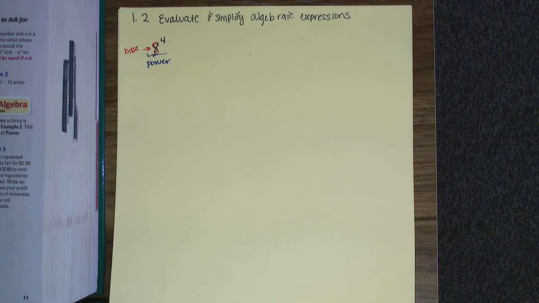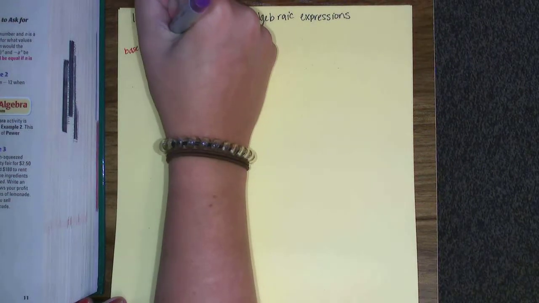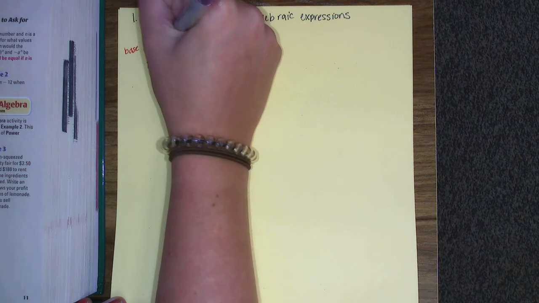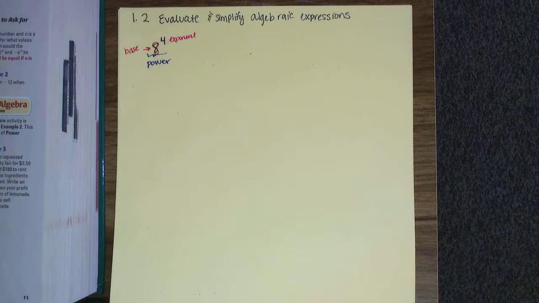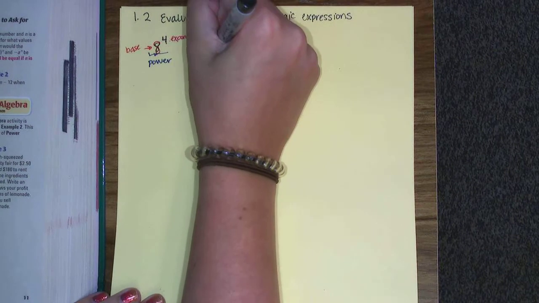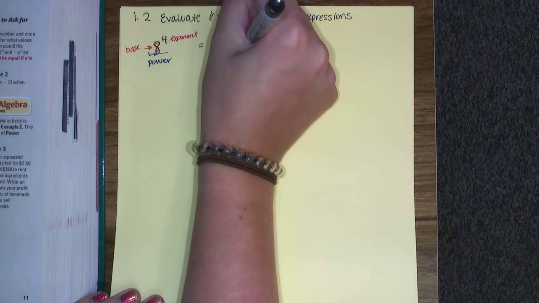And then in purple here, 4 is the exponent. Remember that this is equal to 8 times 8 times 8 times 8.